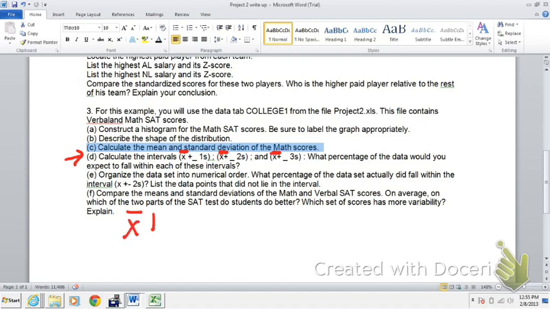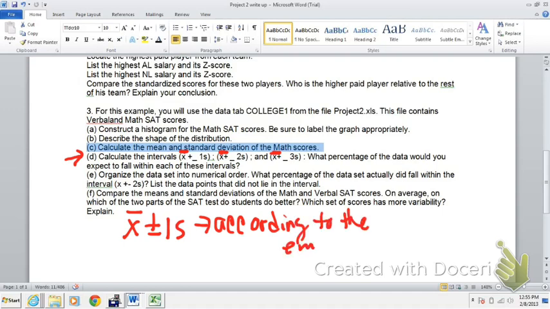Basically, X bar plus or minus 1 standard deviation. I'm just going to give this away. If it's bell-shaped data, which it is, then you're going to be going according to the empirical rule, right? So the empirical rule, remember that's the 68, 95, 99.7 law.